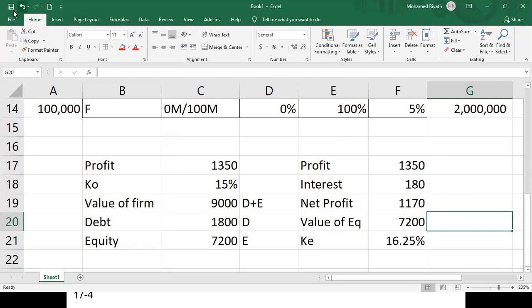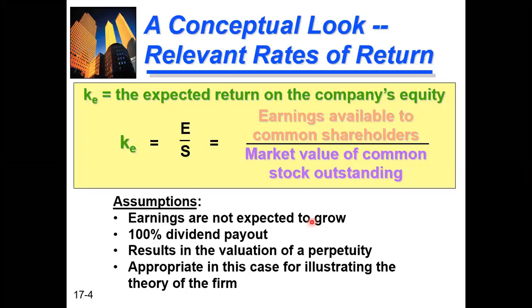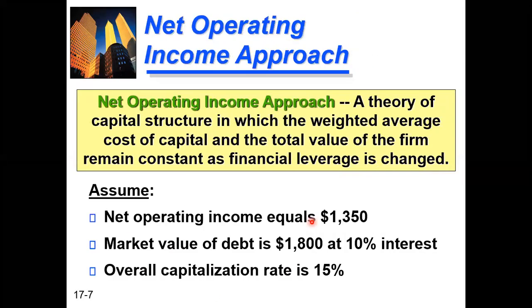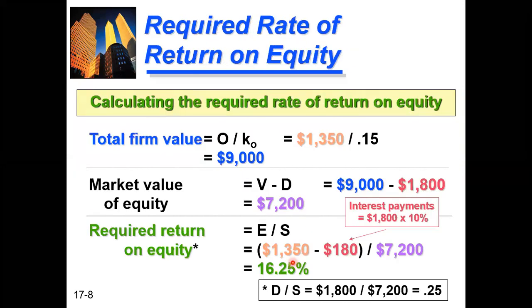Okay. Right. Here, return on equity is 1,170 divided by the value of equity 7,200, which equals 16.25%.